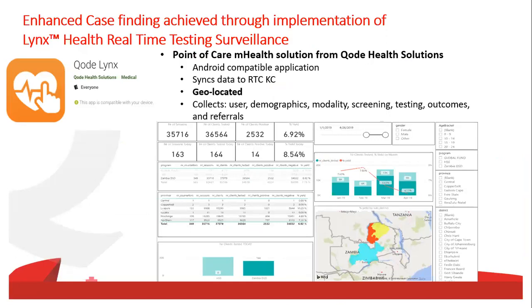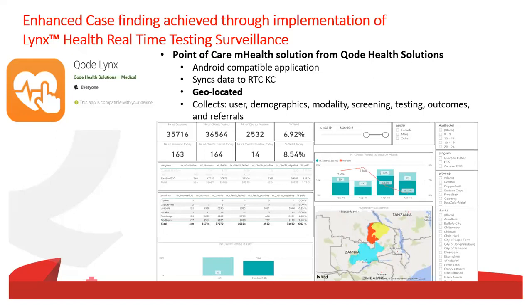It geolocates where the actual testing happened. This tool is used by the counselors that do the counseling for every test that's performed. It's done predominantly within key entry points, but also for all community testing that we do.